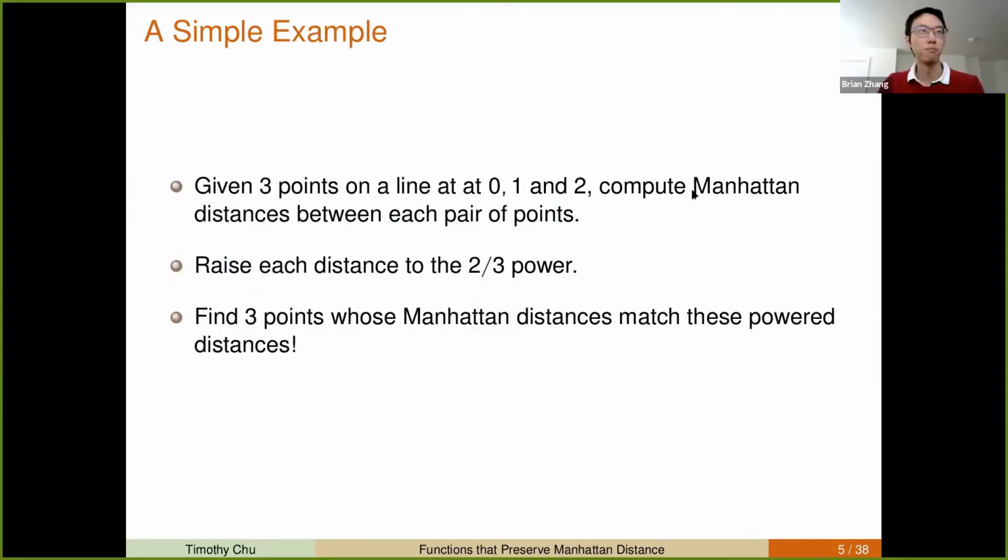I just want people to really get their fingers a little bit dirty, grappling with this problem, trying to figure out where the core difficulties are. Do the new 3 points also have to be on the line? No, the new 3 points can be in any dimension. That's a good question.